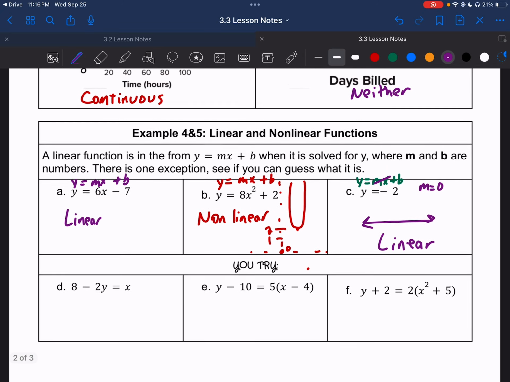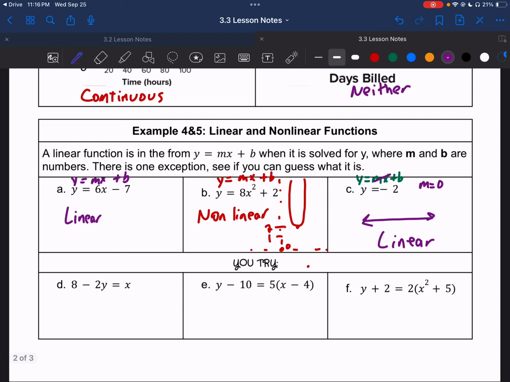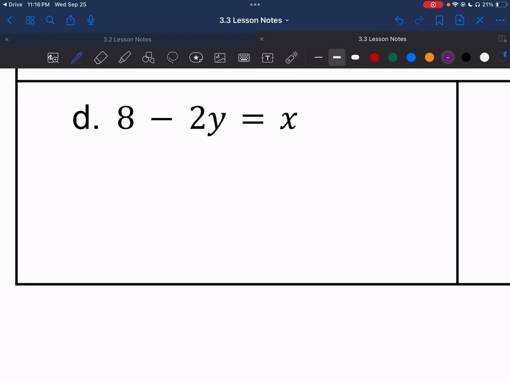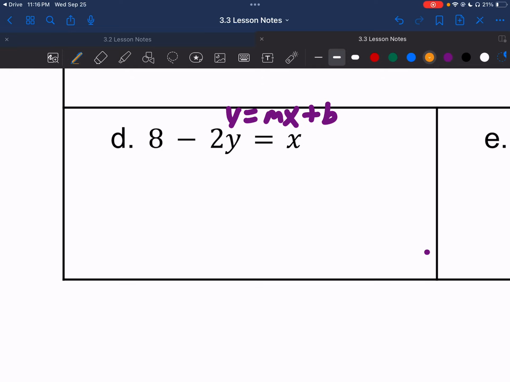Now, I have 3 U-try problems for you to go through, and I want you to check your work against mine, and then we'll go from there. So letter D. This is not in the form y = mx + b, right? We want y = mx + b. y is not by itself on the left, so let's get it by itself and see what this scenario is.